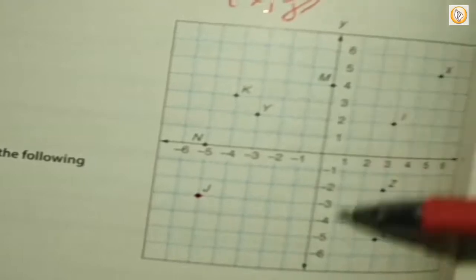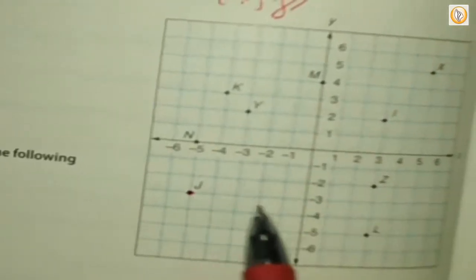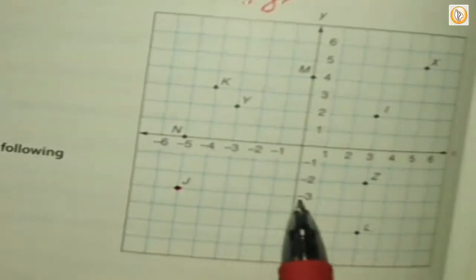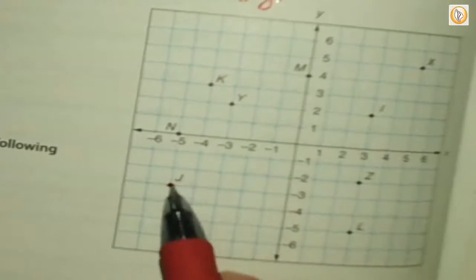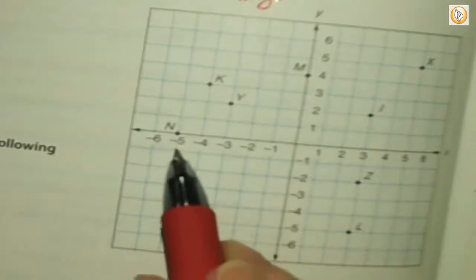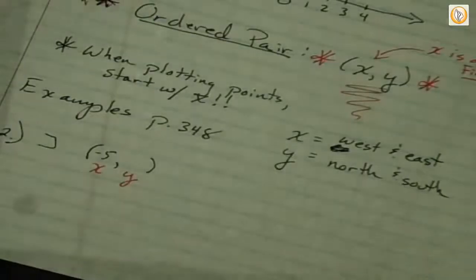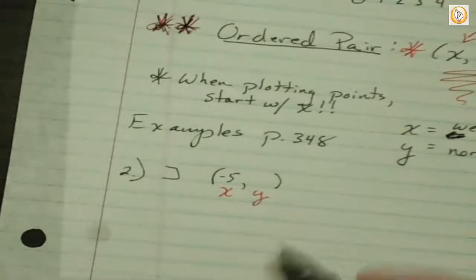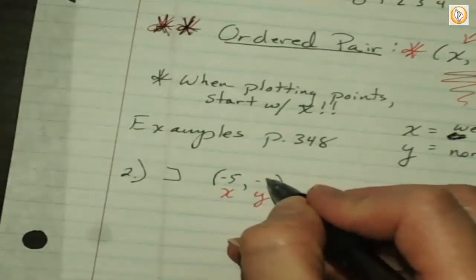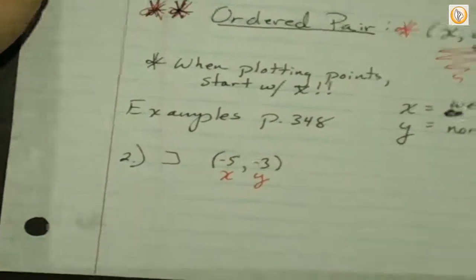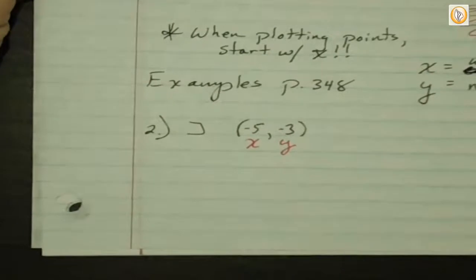And then this is your y-axis, and J is at what line? -3. Do y'all see that? So J meets at -5 on the x and -3 on the y. Does everyone see that? Because if y'all don't say anything, then I'm assuming you know it all. -3. There you go. Any questions so far? No, ma'am. Izzy, do you have a question?